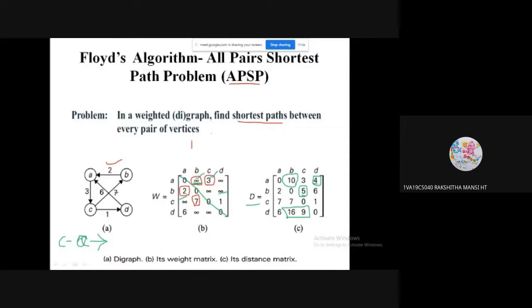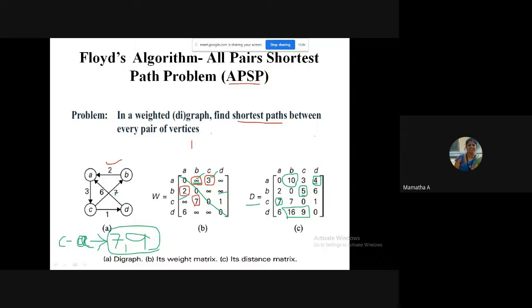Ma'am, C to D, D to A, and C to B, B to A. Yes. C to D, D to A. What is the length of that path? 7, ma'am. One is 7. The other path, C to B, B to A. What is the length of that path? 9, ma'am. Out of these two paths, I have to select the shortest one. So I have to put here 7, but not 9. Hope you are all understanding.